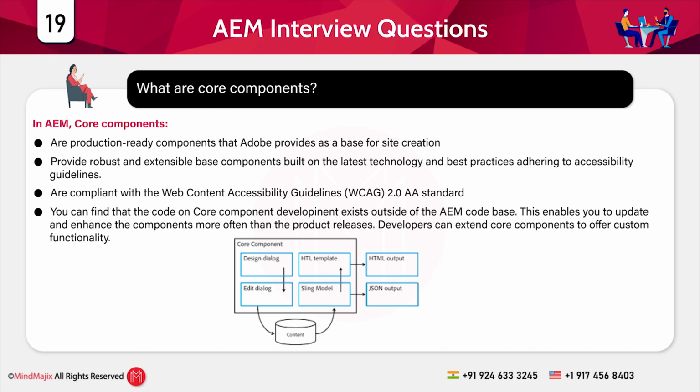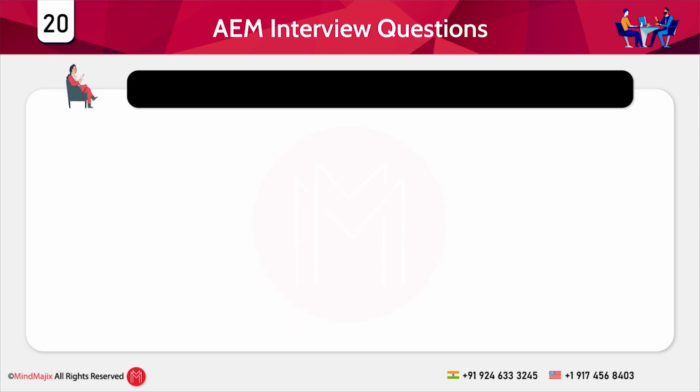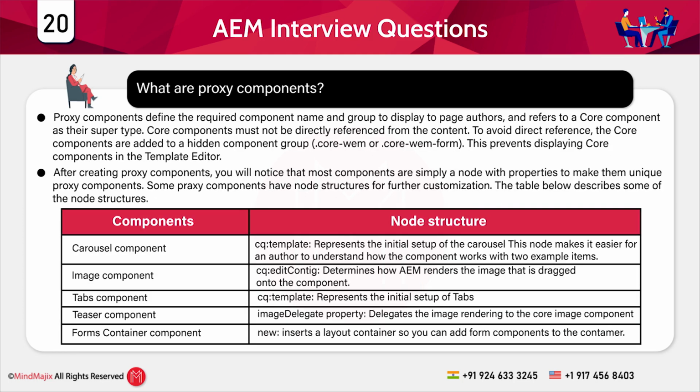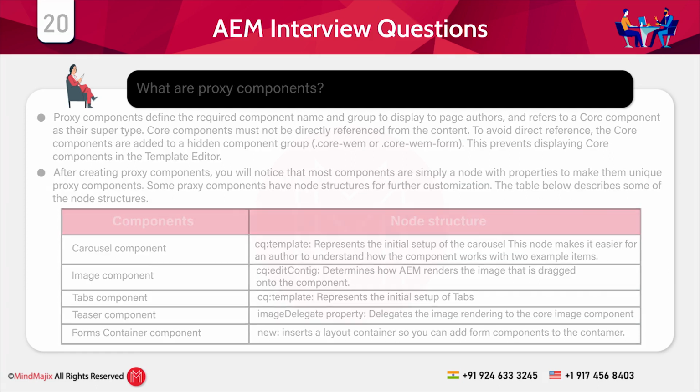The code for core component development exists outside the AEM code base, which enables you to update and enhance the components more often than product releases. And what are proxy components? Proxy components are components you create similar to the core components, and they refer to the core components.